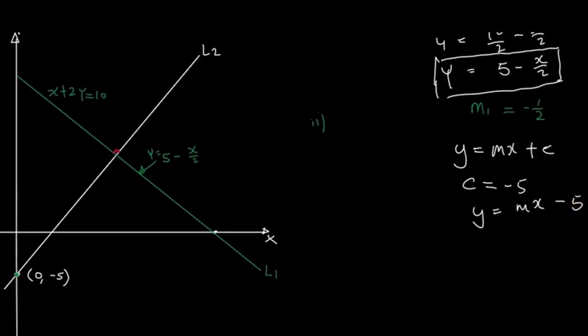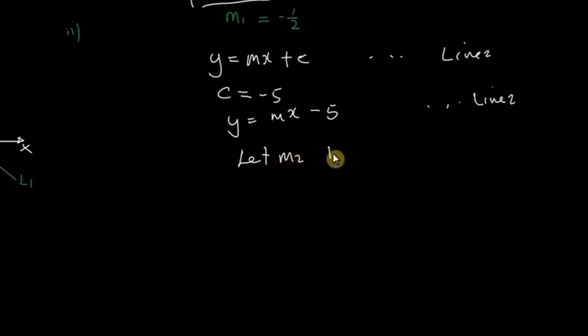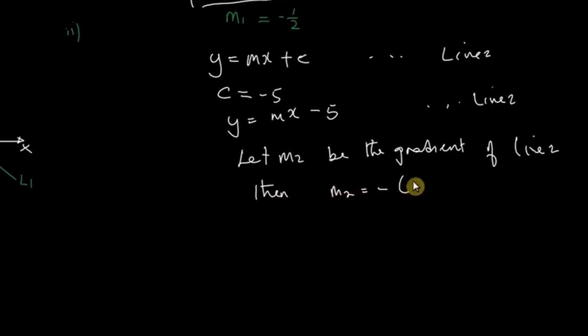We now need to determine m. Now let m2 be the gradient of line 2. Then, because lines 1 and 2 are perpendicular to each other, m2 will be equal to the negative inverse of the gradient of line 1, which is equal to negative 1 over negative a half, or simply 2.